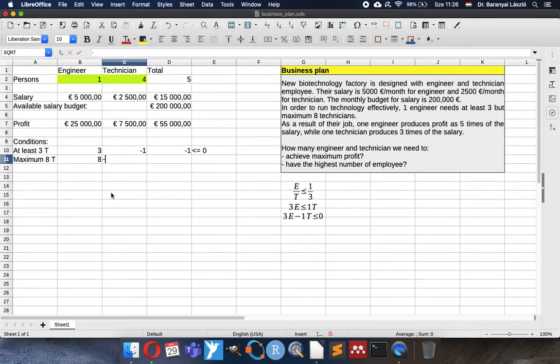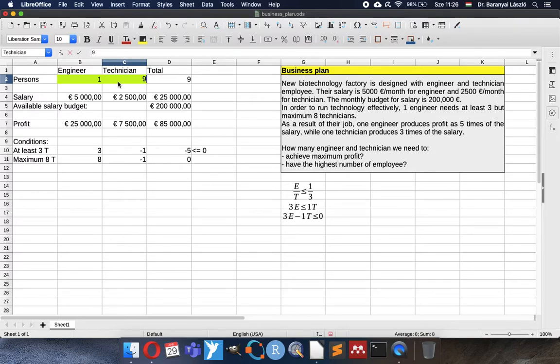I will type the 8 and 1 and change the sign of one of the values, 8 minus 1. Do the same calculation, and if I enter 1 and 8 here for the number of persons, you can see that the calculation result is 0.